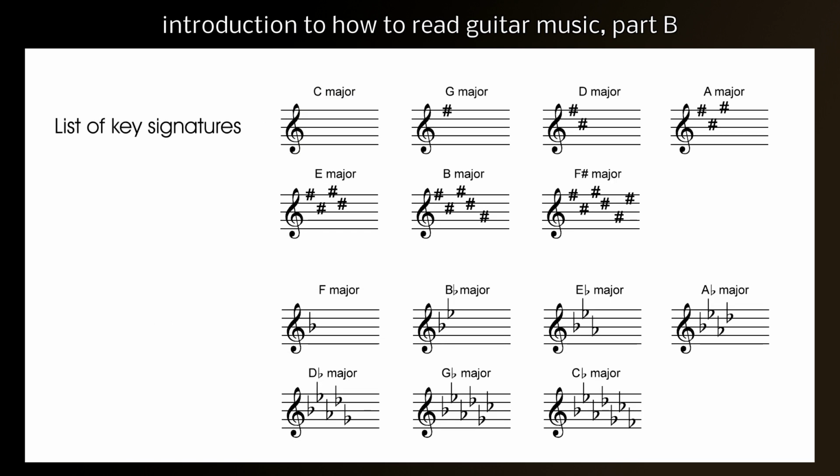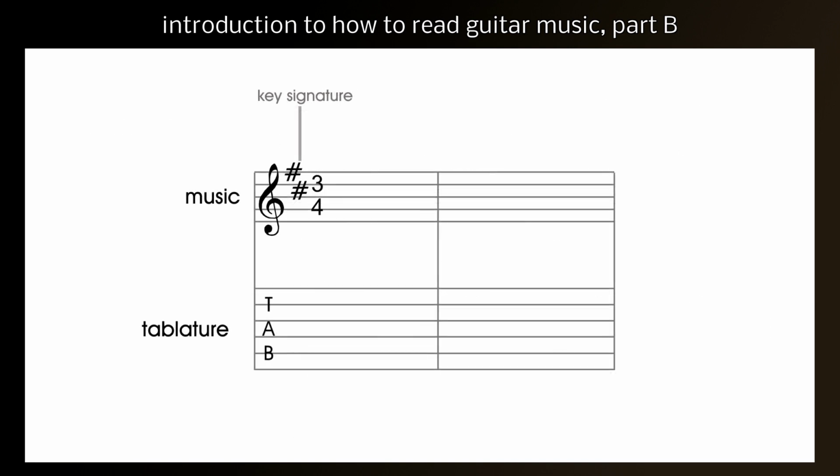If there's a sharp or a flat on a particular line or in a particular space, that note should be played sharp or flat right the way through the tune, unless it tells you not to. So, looking at this example, it's got an F sharp and a C sharp. One's a space, one's a line.